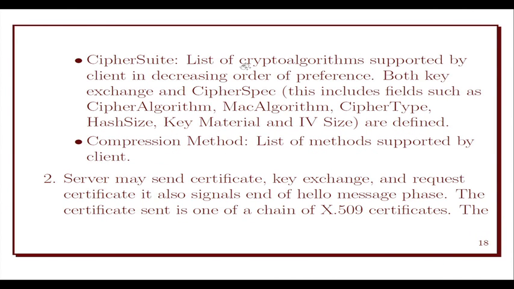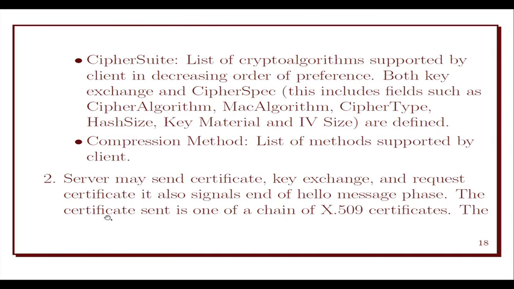Cipher suite, the list of cryptographic algorithms supported by the client in decreasing order of preference, both key exchange and cipher specification. This includes fields such as cipher algorithm, MAC algorithm, cipher type, hash size, key material, and IV size. IV means initialization vector. Compression method, the list of methods supported by the client.